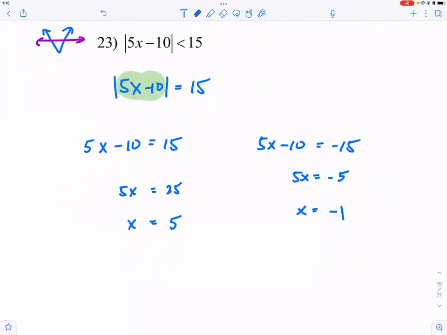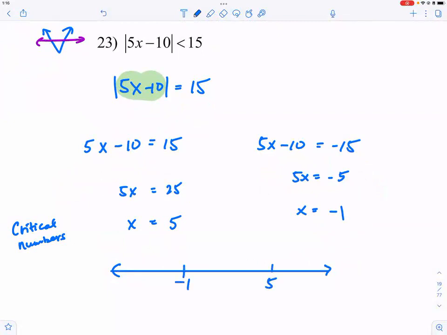We call these critical numbers. They're very critical because they can actually tell us a lot of things. So this is 5, this is negative 1.